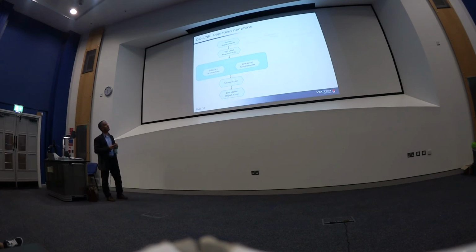So for development, you have two objectives for the development of high-level requirement, other three for design, one for source code, and one for executable object code. So a total of 7.